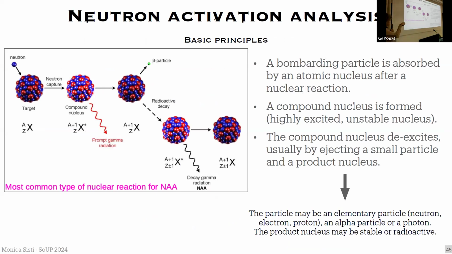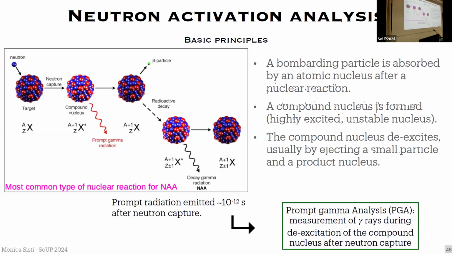Then it has an extra neutron, and to return to the stability valley of the nuclides, it goes through a beta decay, usually, or hopefully in this case, to an excited state of the daughter nucleus, in order for us to detect the gamma rays. So basically you activate the material with neutrons, and then you measure the decay gamma radiation.